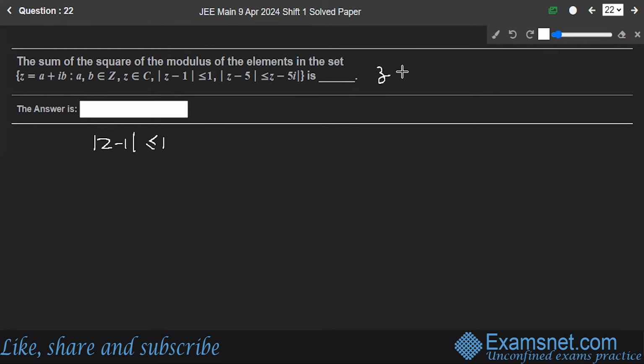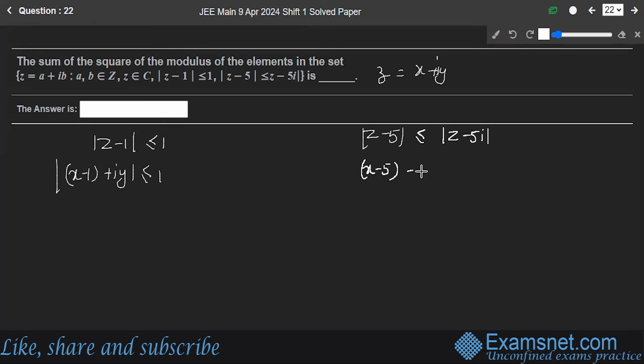Let's say z is equal to x plus iota y. This is a complex number. So this makes it modulus of x minus 1 plus iota y is less than equal to 1. And the second one is modulus of z minus 5 is less than equal to modulus of z minus 5 iota. So this gives you modulus of x minus 5 plus iota y is less than equal to modulus of x plus iota y minus 5 iota.